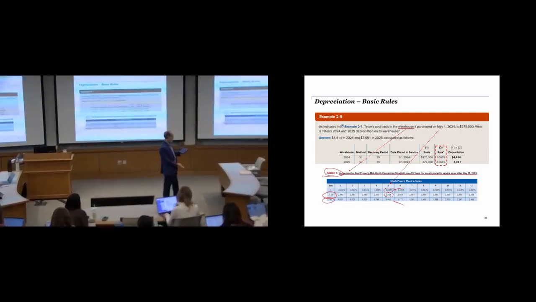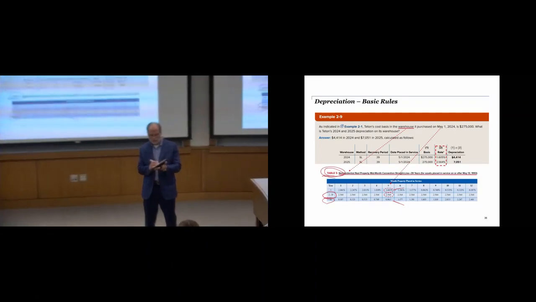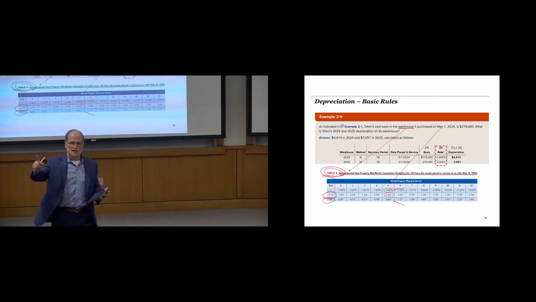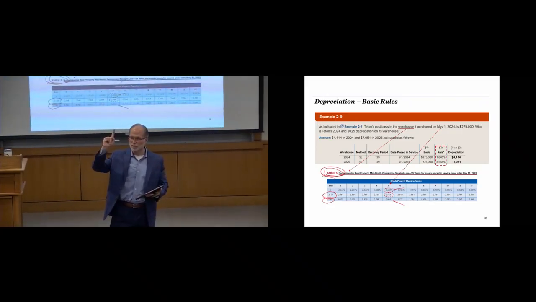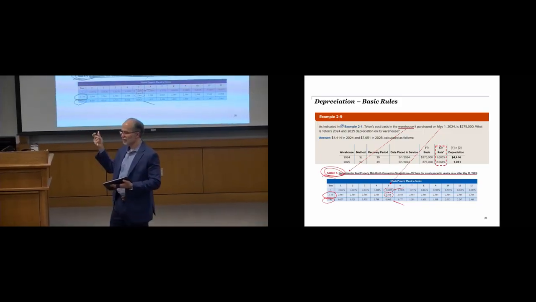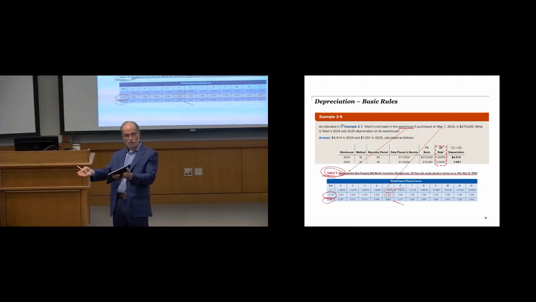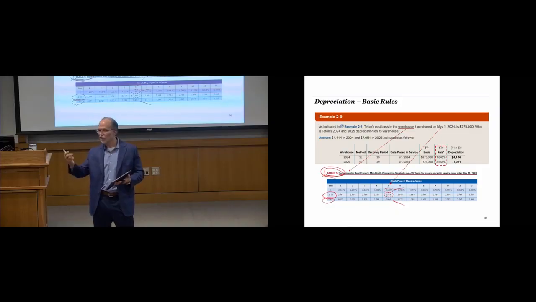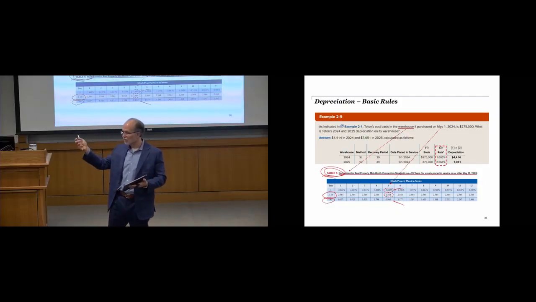Right? So this is table 5. Remember the other tables we talked about last Wednesday. Table 1 was half-year convention. That's when I fall out of the mid-month, right? When I don't have 40% put in the 4th quarter, then I'm in half-year. That's table 1. Tables 2, 3, 4 are the mid-quarter tables, when I do have 40%, so I have 1st quarter, 2nd quarter, 3rd quarter, 4th quarter.